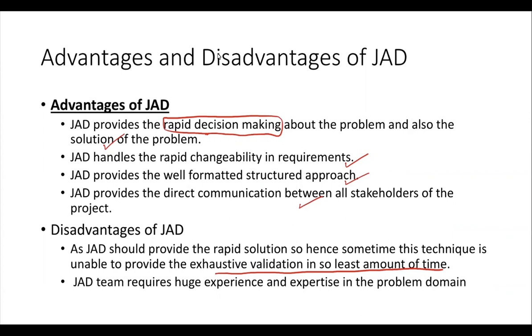Also, to guarantee a successful JAD session, the JAD team will be required to have a very high level of expertise in the problem domain, which might not be the case. So these are the major drawbacks of JAD. If we could overcome the fact that we hire people with expertise, and it's guaranteed, then this problem is solved.